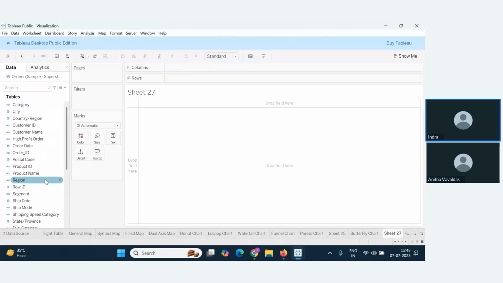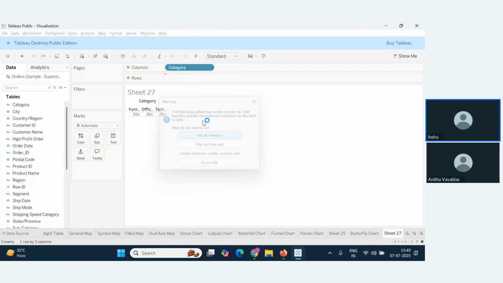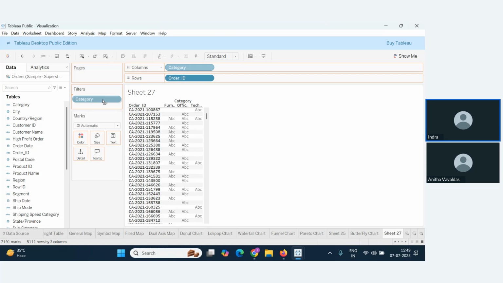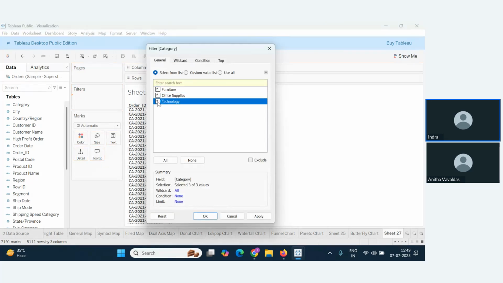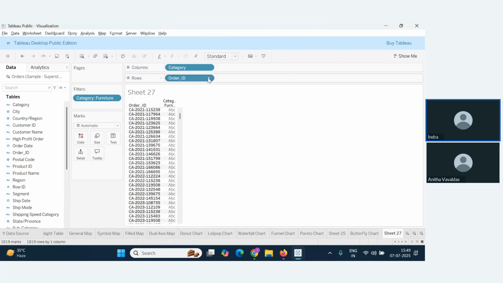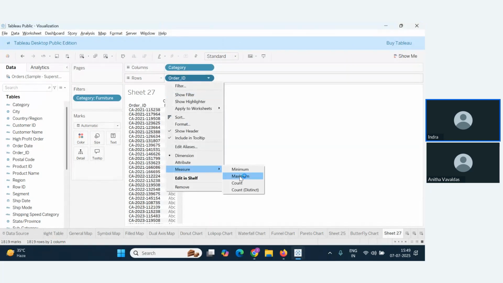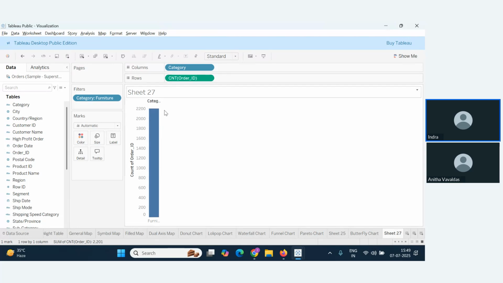Let's say we have category, and for a certain category, order ID. Let's select one category to see the count of orders. So we have a total of 2,201 order IDs.